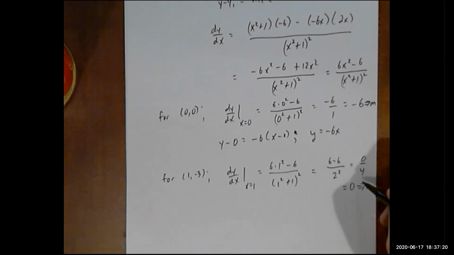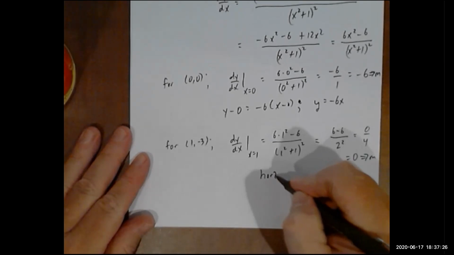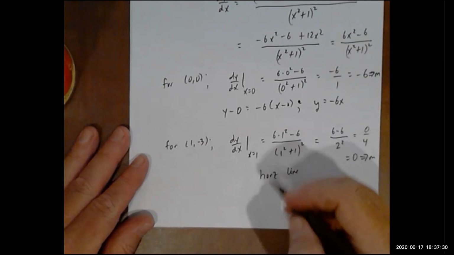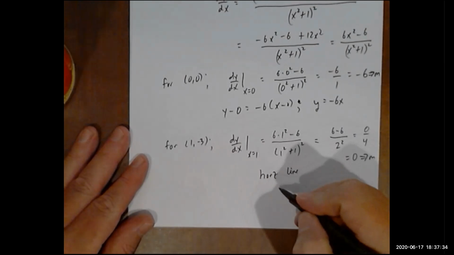What kind of line do you have when the slope is 0? That means you have a horizontal line. And the equation of a horizontal line is just simply the value of y. I know the value of y is negative 3.